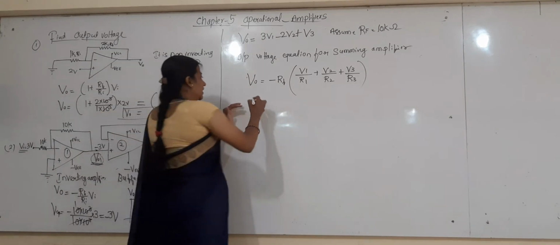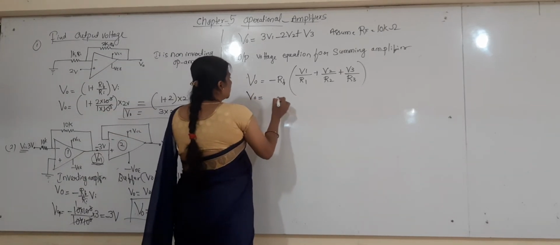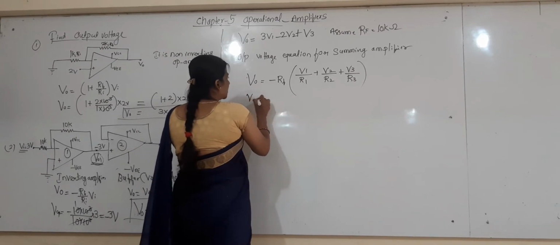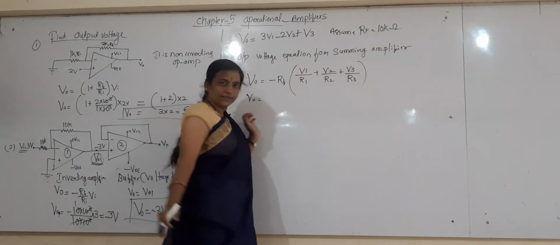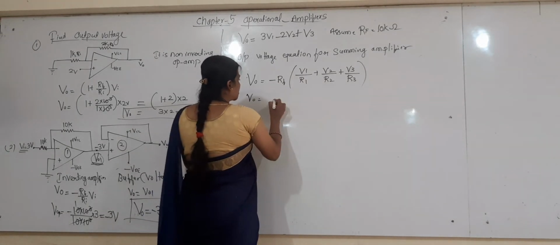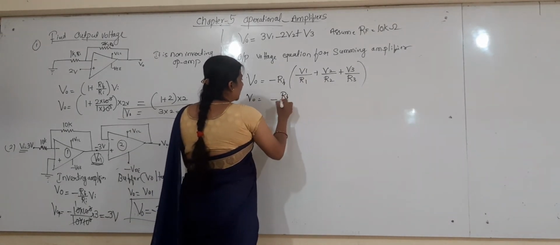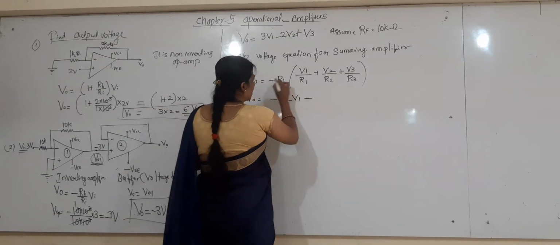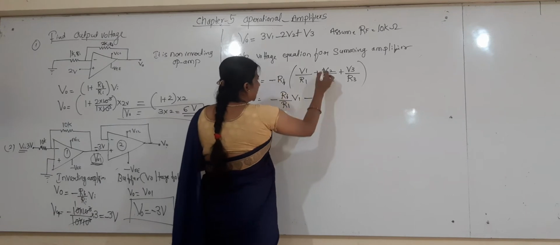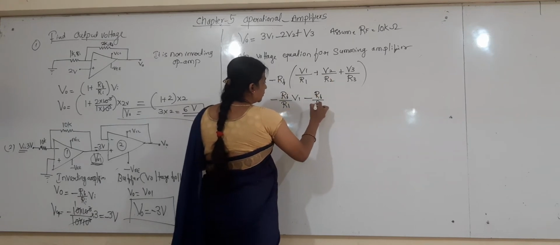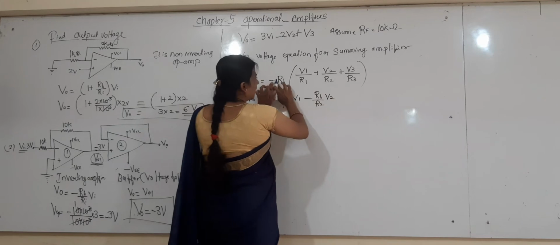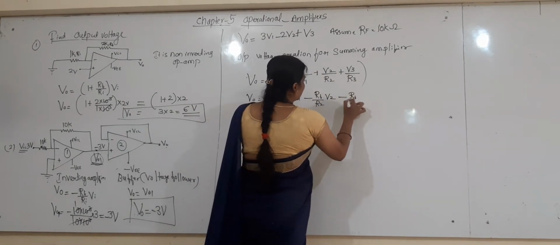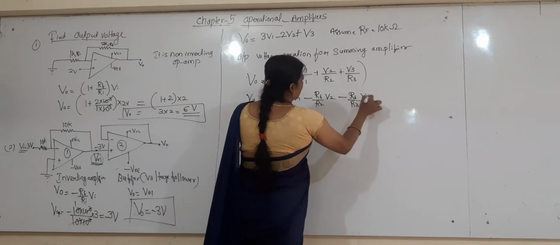So again, write down your given equation. Rewrite this equation as V0 is equal to, bringing this RF inside, minus RF by R1 V1, minus of plus, minus RF by R2 into V2, again minus plus into minus is minus RF by R3 into V3.